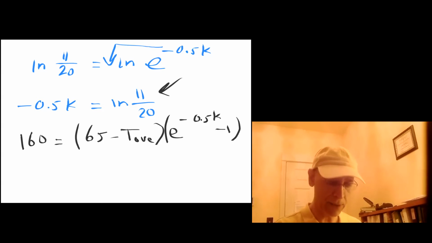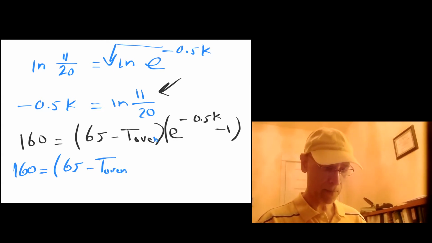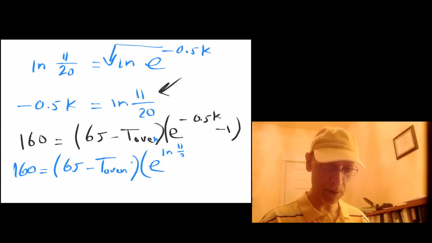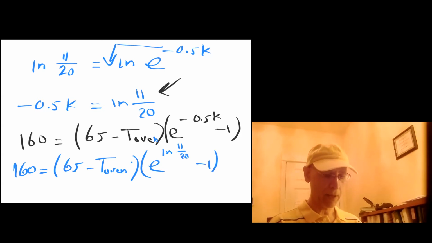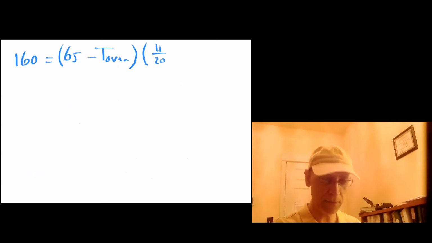I can rewrite this as 160 equals 65 minus T of oven, e to the power of natural log of 11 over 20, and I have a minus 1 in here. Of course, this quantity is e to the natural log of 11 over 20, which is just 11 over 20. So let me go to the next page and write that as 160 equals 65 minus T of oven times 11 over 20 minus 1.